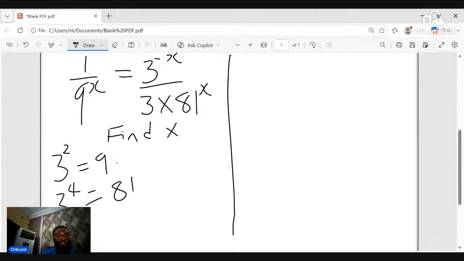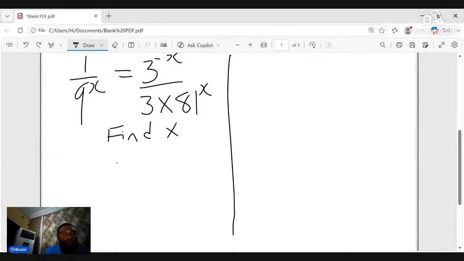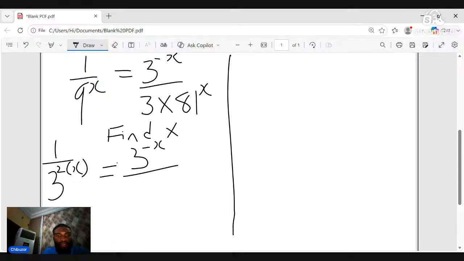So we say 1 over 3 raised to power 2 in brackets x is equal to 3 raised to power minus x divided by 3 times 3 raised to power 4 in brackets x.